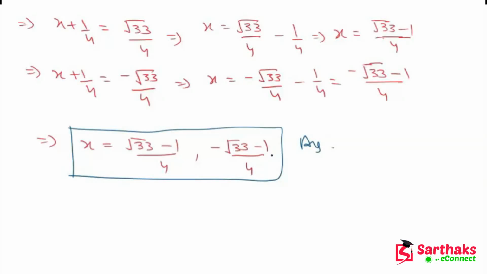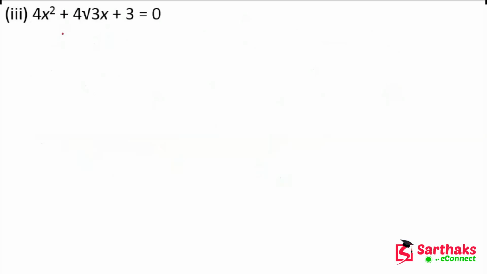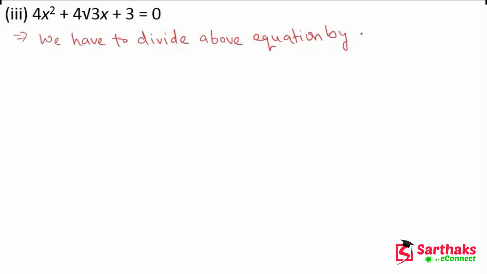Okay, my dear friends, I hope you get this point. Okay, so the next question is 4x square plus 4 root 3x plus 3 is equals to 0. So first of all, we have to divide the above equation by 4, to make the coefficient of x square 1, so we get x square plus root 3x plus 3 upon 4 is equals to 0.